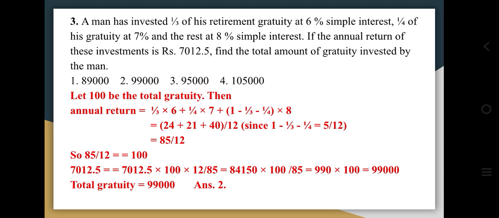Similarly, since he has invested 1/4 of 100 at 7%, the annual return corresponding to the 7% interest rate is 1/4 into 7.